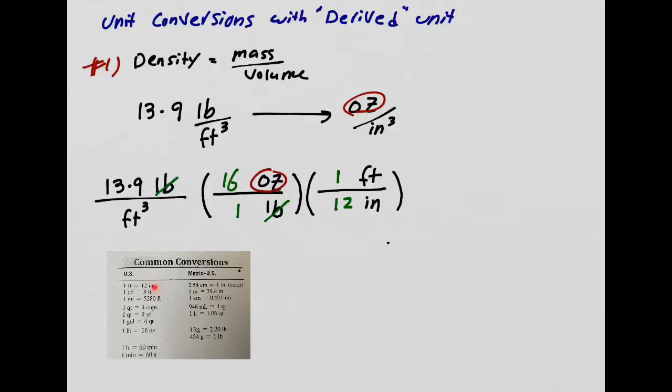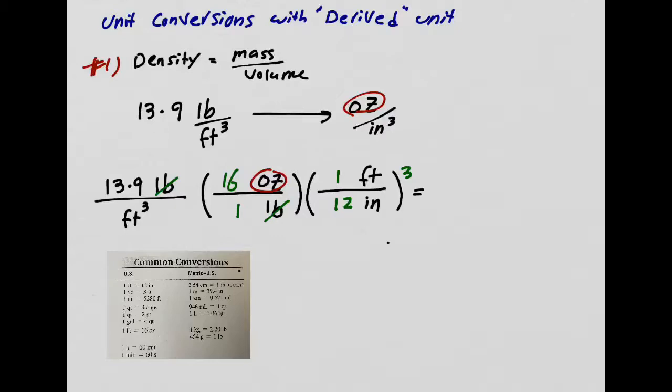They're not cubed here. So if they're not cubed and this conversion is between 1 and 12, I can't just put a cube here and expect this number to be right. The only thing that I could do is cube the entire parentheses.